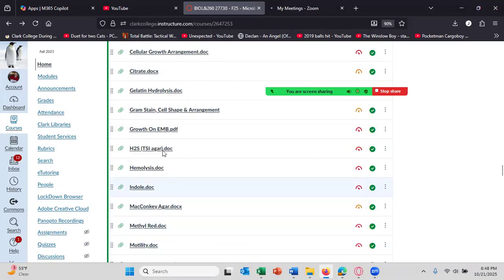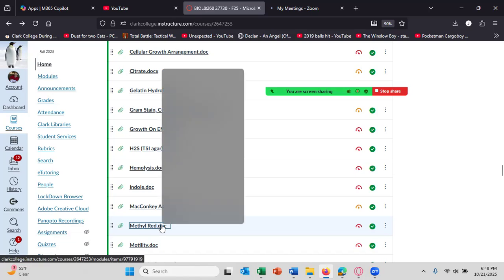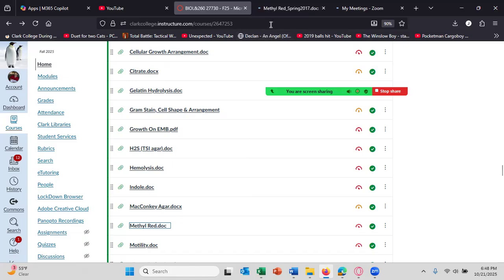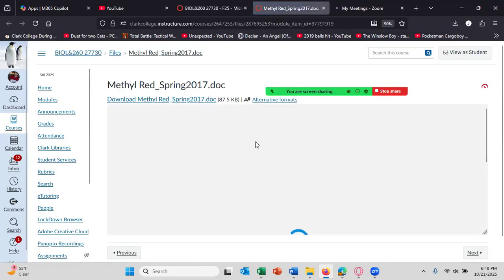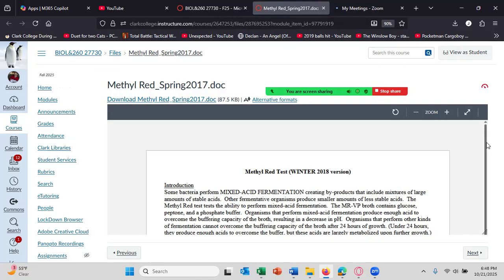If you request a test here, you should read what the test is, and then when you'll get the test result. Like methyl red, I get students almost every term requesting the test, and then they ask, when am I getting the test results? I requested it 5 days ago.